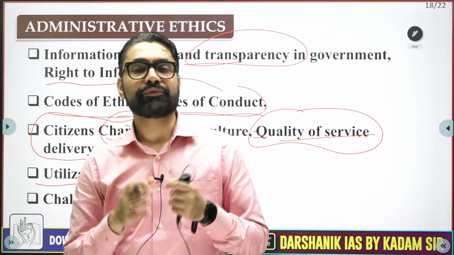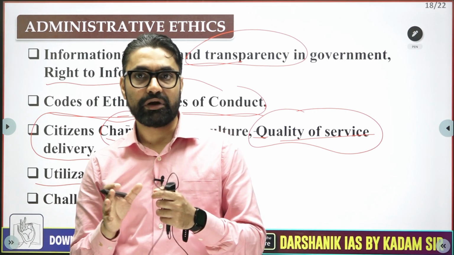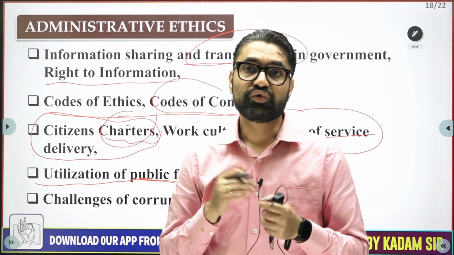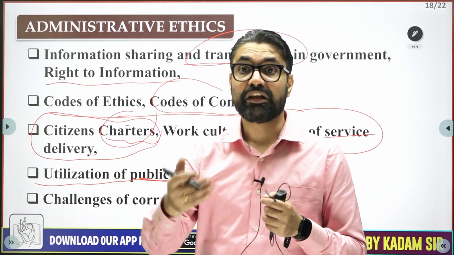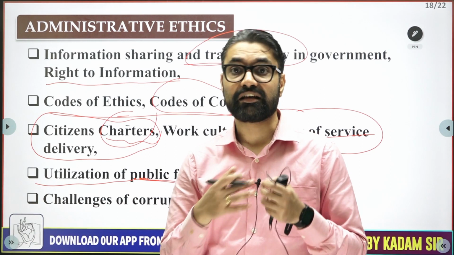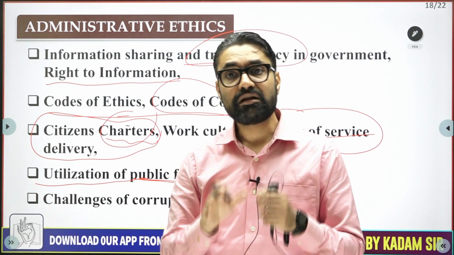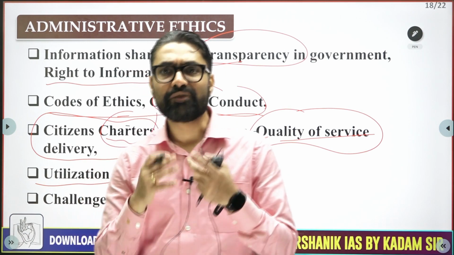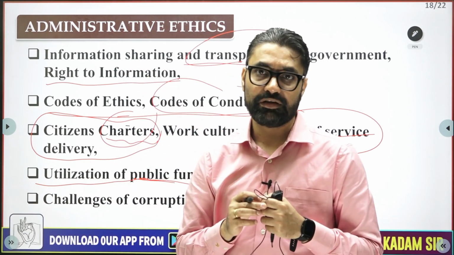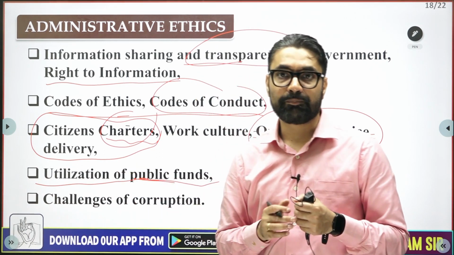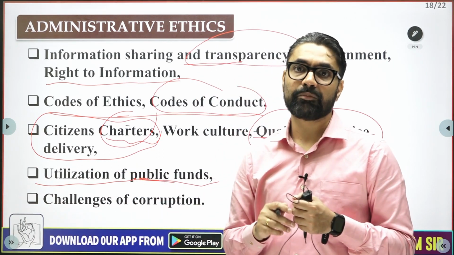If the government has allocated funds for a particular service, purpose or project, and you don't utilize that fund for the welfare of the people, and people die hungry or don't get quality of service, and their lives get impacted, then this underutilization of funds is one way of a crime, an unethical practice. So we will discuss the issue of utilization of public funds. What is underutilization of public funds?